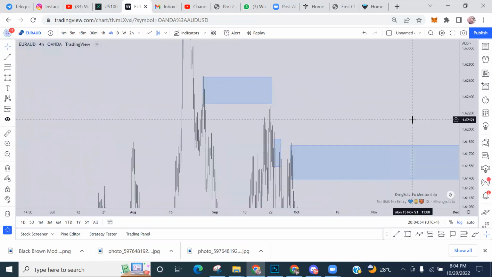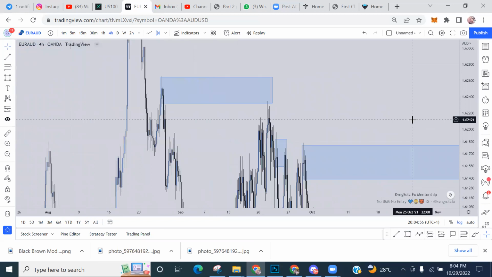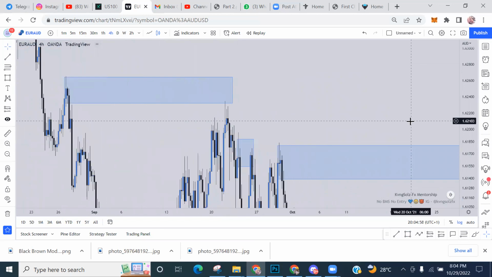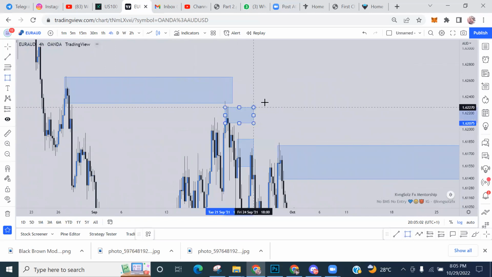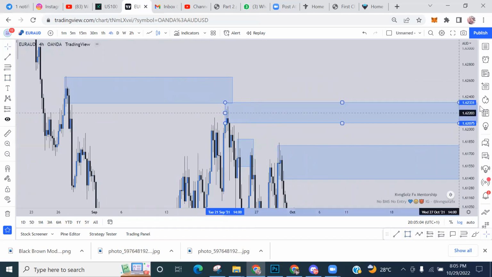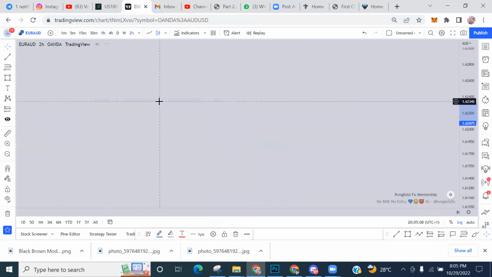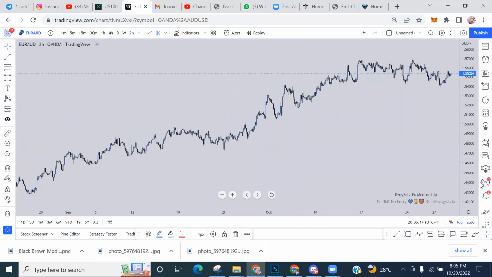Let me see if I have any unmitigated zone. This one would have been nice, right? But let me go to my 2 hours. That's my analysis as well.